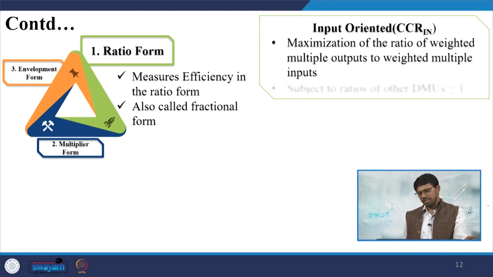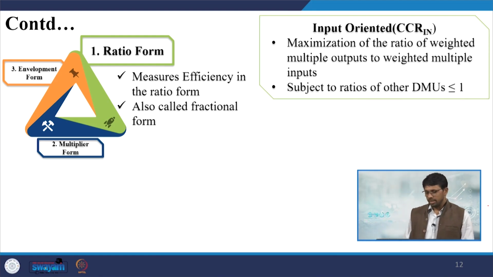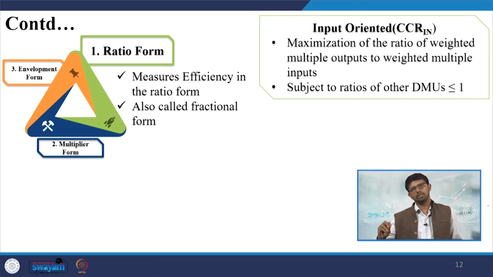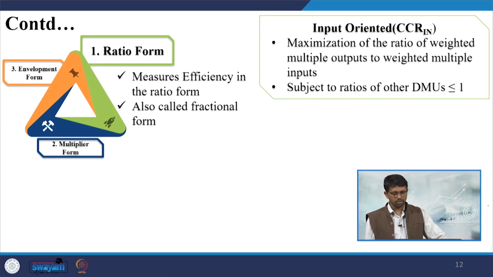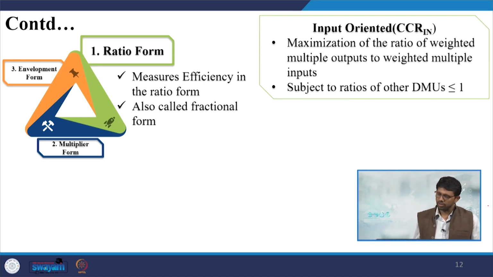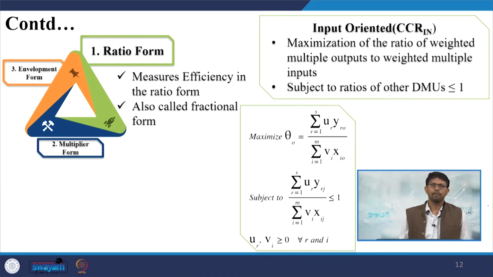Basically it is output to input, and the respective weights of outputs and inputs are taken. This is subject to the ratio of other DMUs. Other DMUs, basically the particular DMU which we have started explaining, for their outputs and inputs. So, the ratio for all DMUs must be less than or equal to 1, then only we can discuss the possible optimization level through the input oriented model.